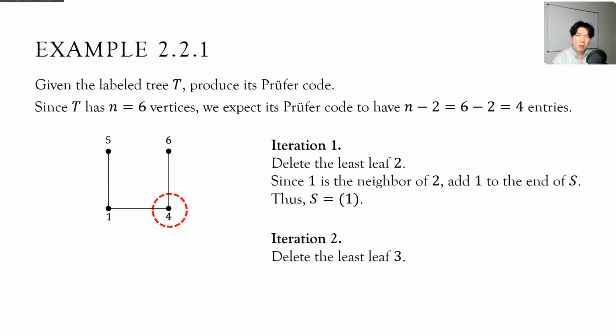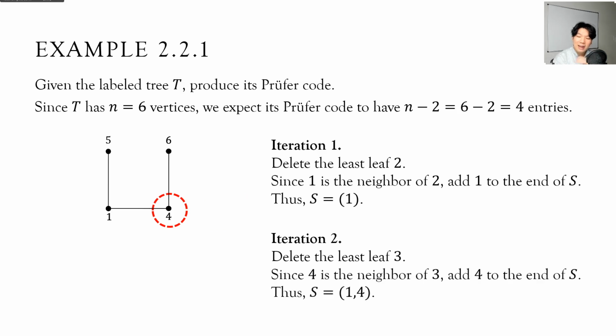Then I record its neighbor into my Prüfer code. My neighbor was 4, so I add 4 to the end of my Prüfer code. So here I now have 1, 4. I completed iteration number 2, and I can continue this so forth.